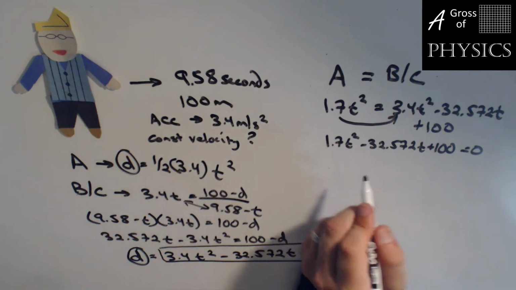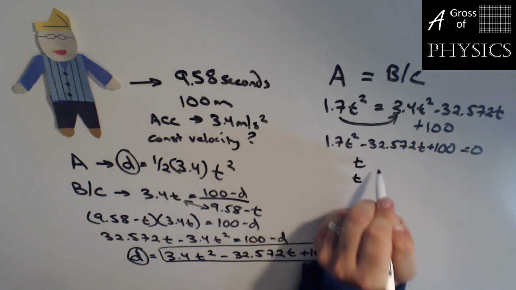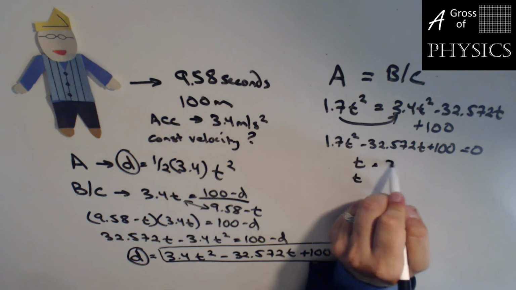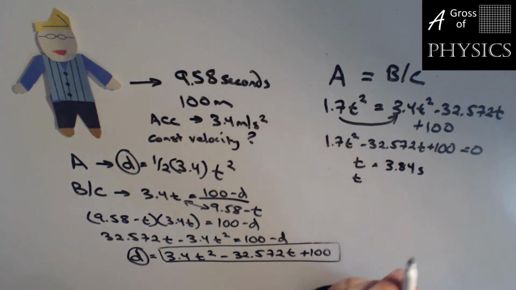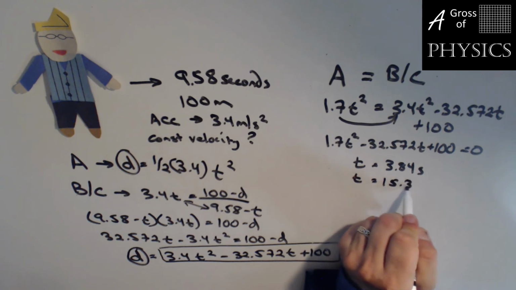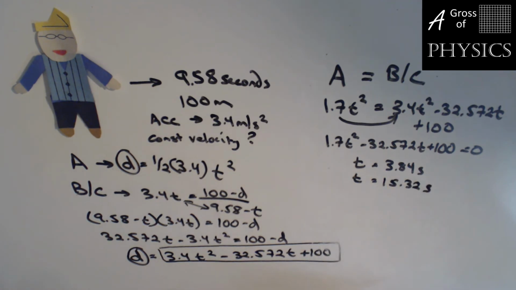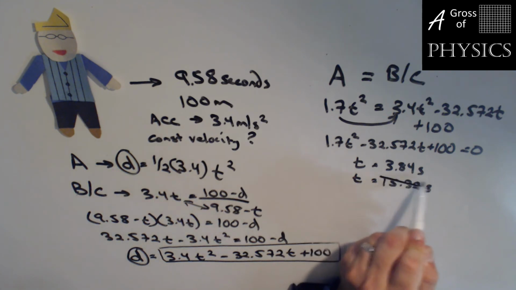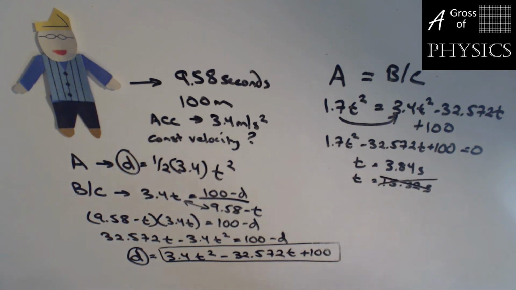And when we do that, we should get two roots. And the two roots are going to be 3.84 seconds and 15.32 seconds. Now, if we think about it, the scope of our problem ends after 9.58. So this 15-second term is too big. So the t is going to be 3.84.